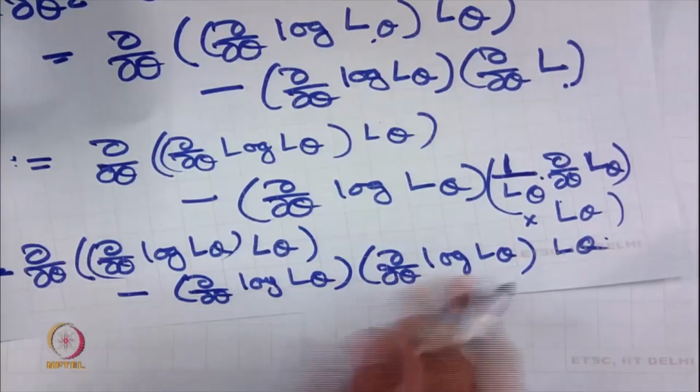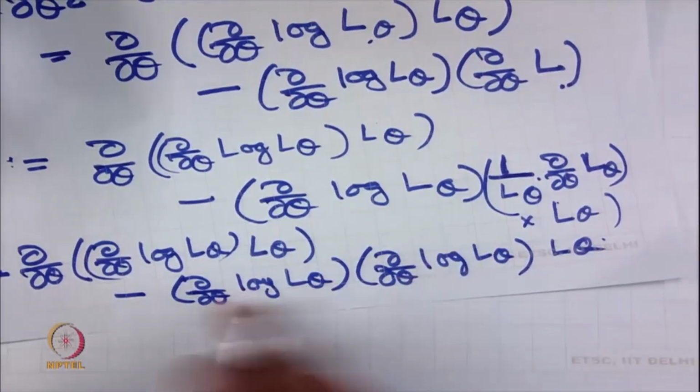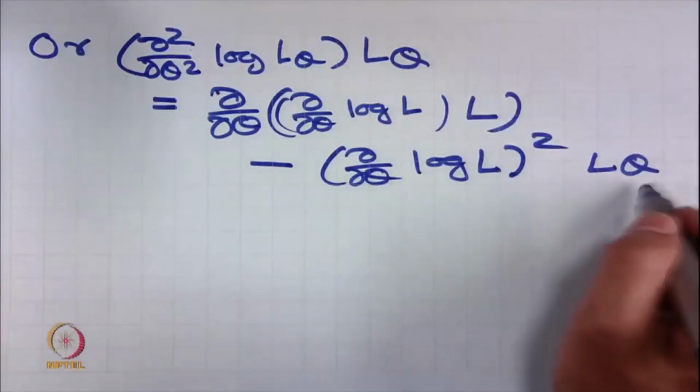This is coming because it is the same term, so it is square of del del theta log L theta.